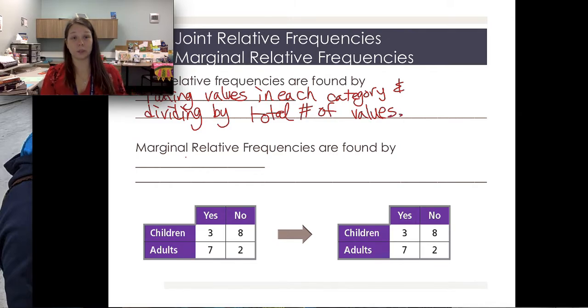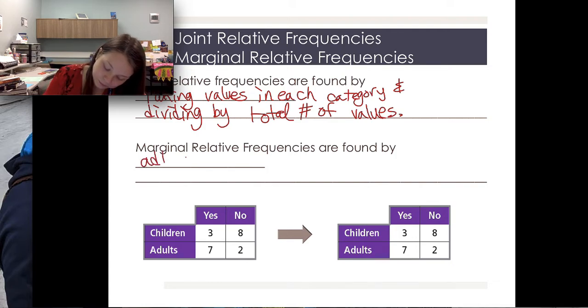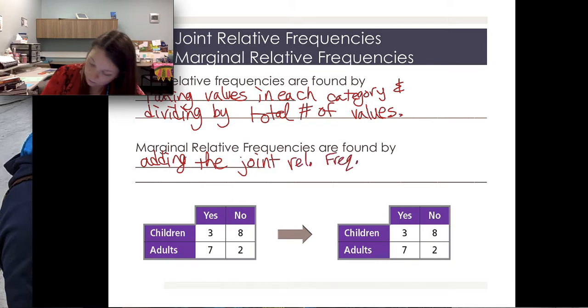Marginal relative frequencies are found by adding the joint relative frequencies in each row and column.